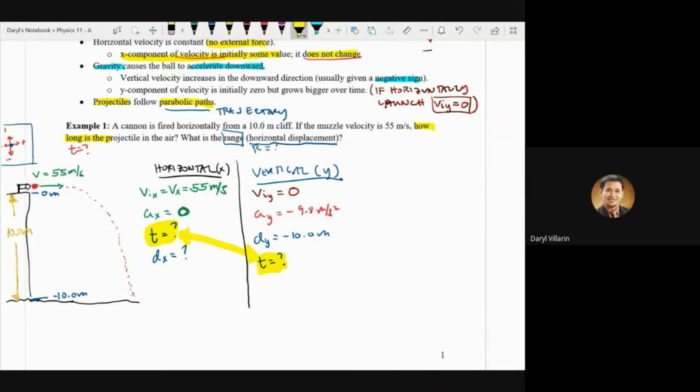For example, for letter A, I want to solve for how long the projectile is in the air. That question is the same thing as the time of flight. So I'm looking at how much time it takes to reach this particular position.